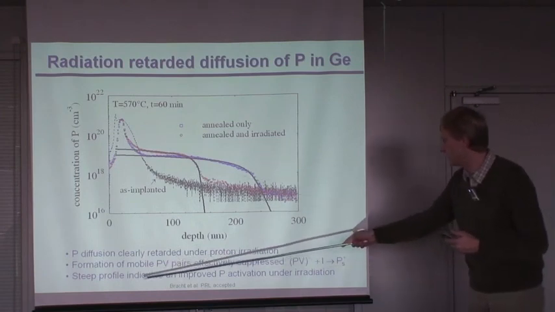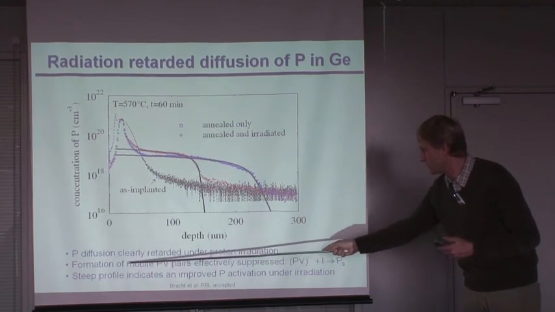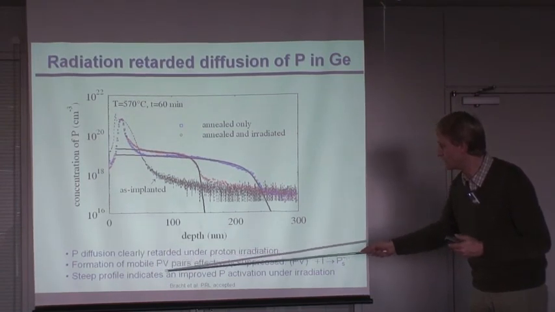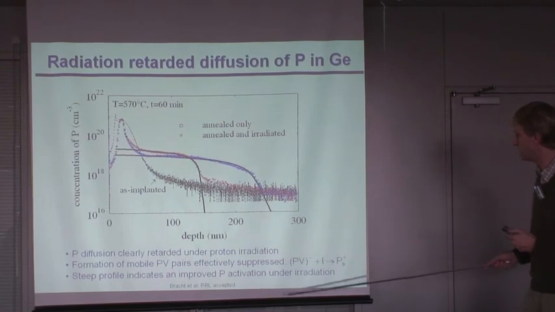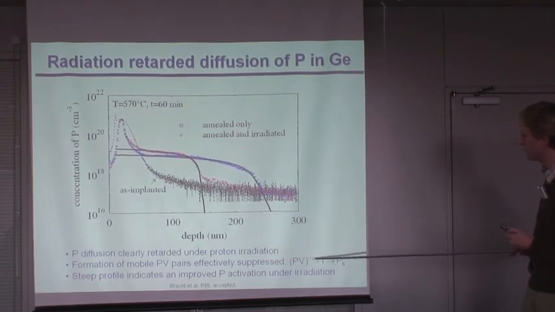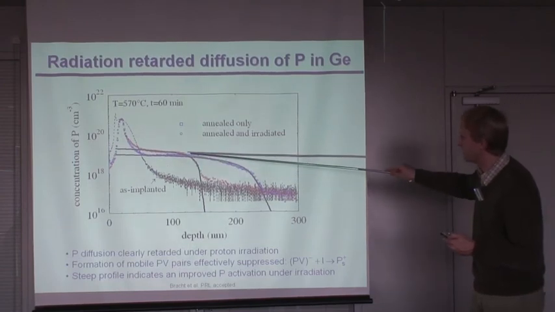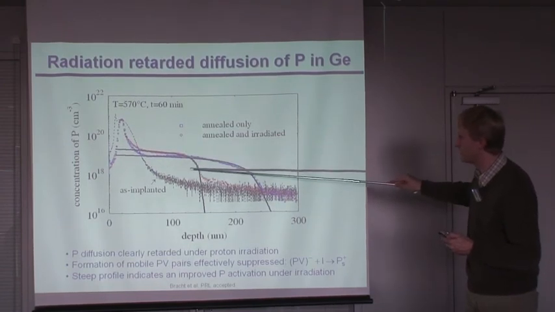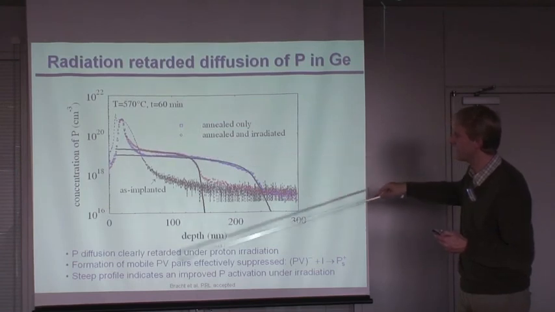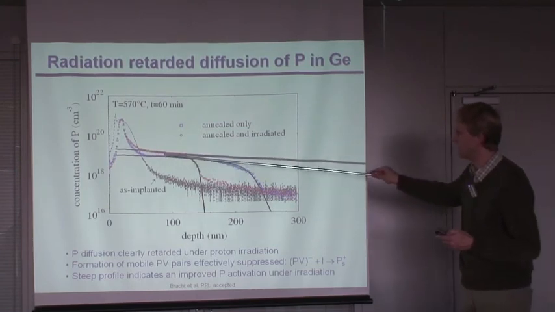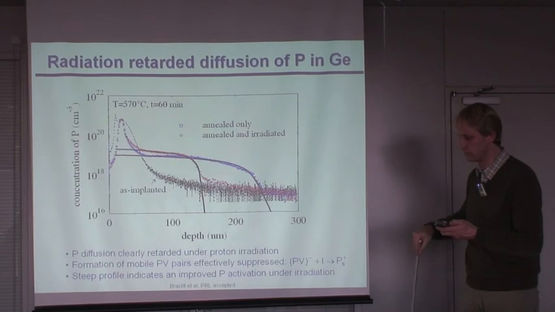Okay, so as I mentioned, the formation of these mobile phosphorus-vacancy pairs is effectively suppressed by the presence of the self-interstitials. It's very simple. You have this guy here plus the self-interstitial, and then you keep it substitutionally. And also here the steepness of the profile indicates that the electrical activation is higher under irradiation than if you don't irradiate.